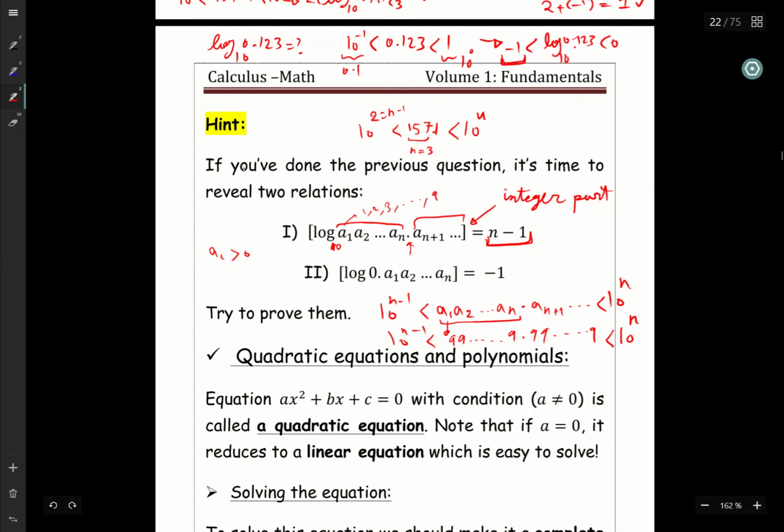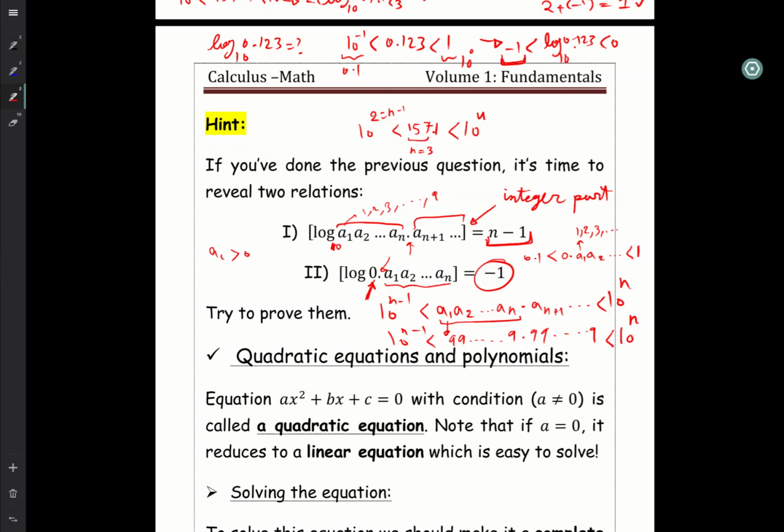And if we don't have any digit before the decimal point and all of the digits are after the decimal point, it's just -1, because this number is 0 point a1, a2, etc., assuming that it's positive, it's always greater than 0.1, because we're assuming that a1, the leading digit, is not 0, so it could be 1, 2, 3, etc. Obviously it's always less than 1.